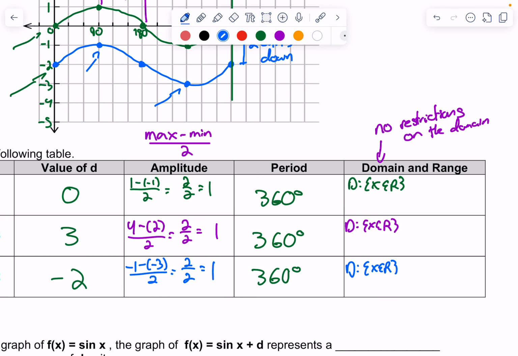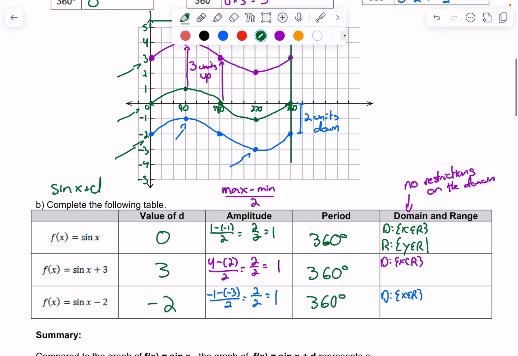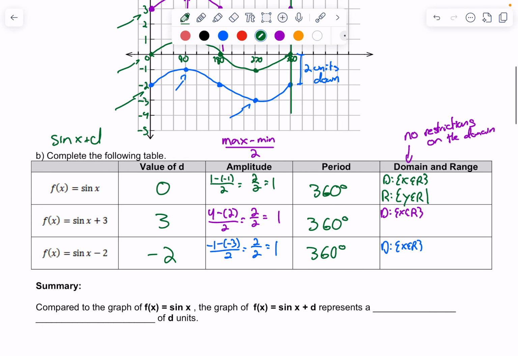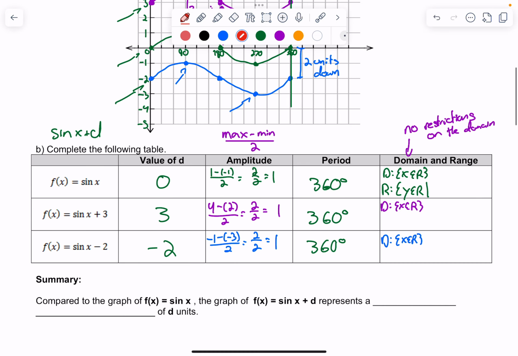The thing that changes, though, is your range, because remember, range deals with the y values. And in this case, what you are asking is, what is your maximum and your minimum? So in general, your range formula for any trig function is x belongs to real numbers.